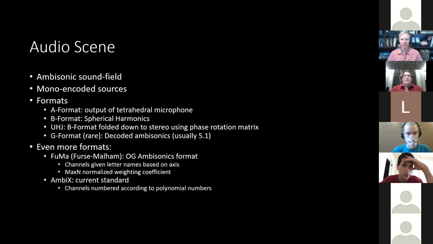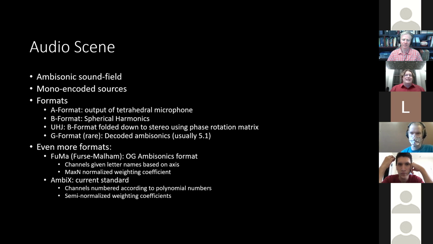And that's one of the bigger issues you'll run into if you accidentally send a FuMa signal into an AmbiX processor, is your sound field will be rotated in a very weird direction, and also kind of, I think one of its dimensions will end up inside out. It's great fun. And it uses SN3D semi-normalized weighting coefficients, which is a different weighting coefficient scheme.